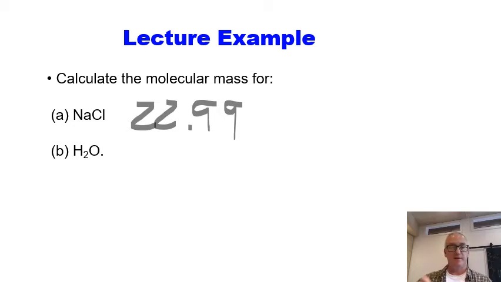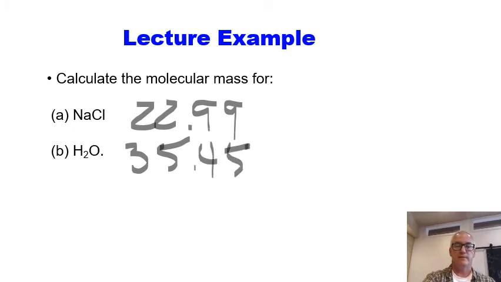And chlorine has an atomic mass of 35.453. Now that's from the periodic table I have. You can look up more accurate masses. If I don't tell you the accuracy I want, then look up whatever numbers you want.